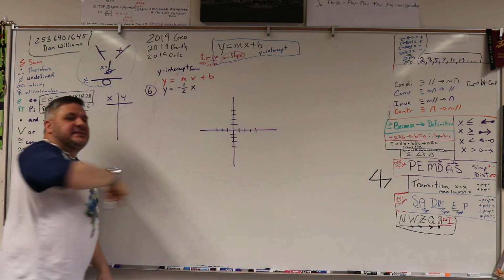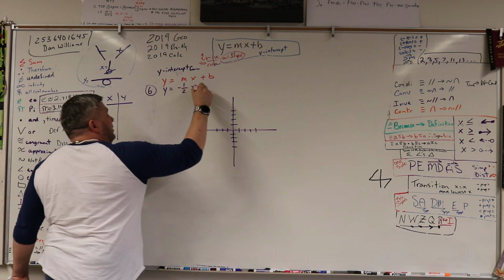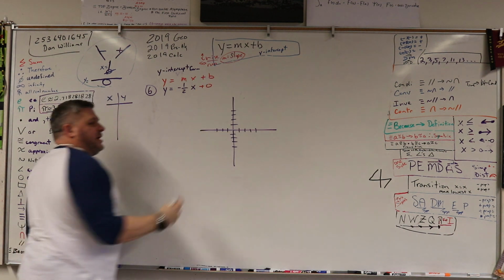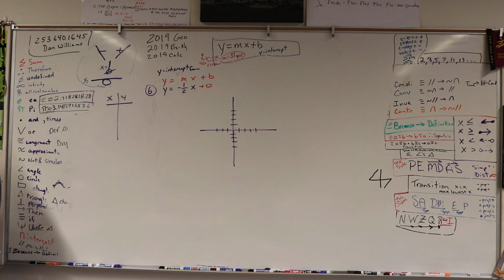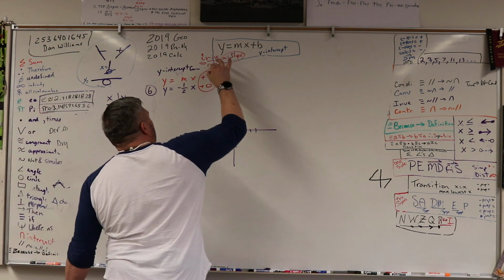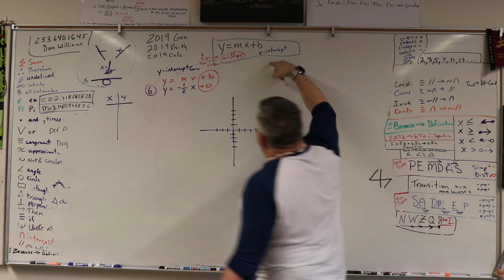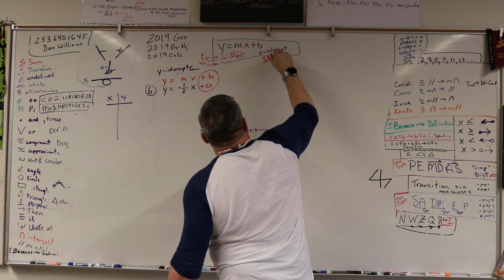Now in this case, the b is 0. So it's plus 0, right? If I add 0 to that, nothing's going to change, right? So we already know what our b is. And that's our starting point, remember? So b is your starting point.